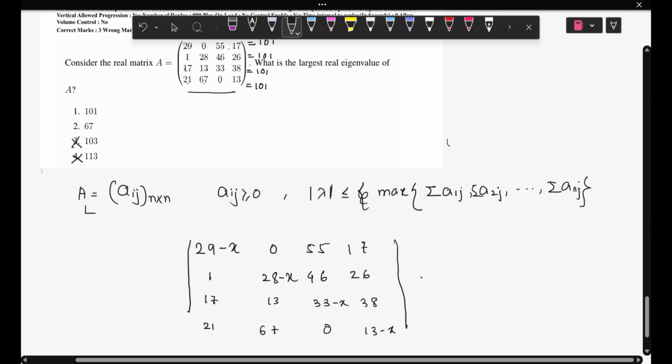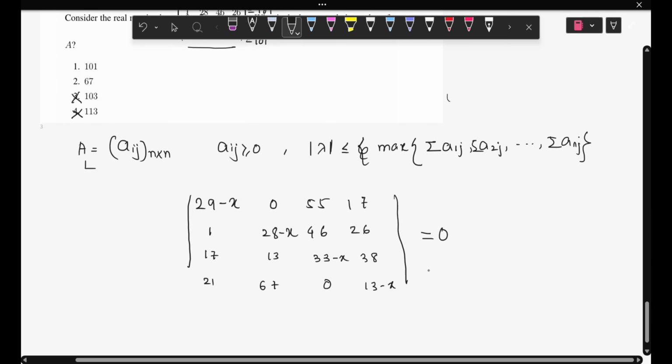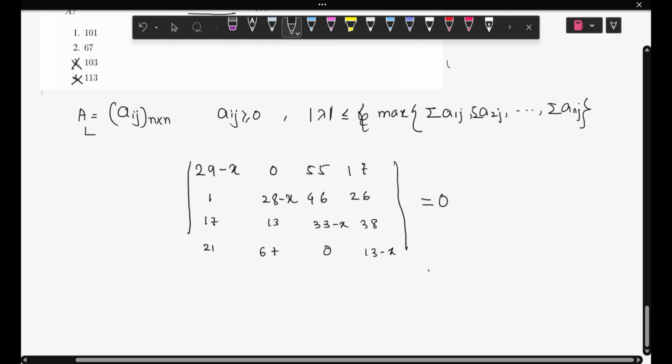ठीक है ना? If you equate that with 0, now as determinant में हम किसी भी रो को किसी भी रो और किसी भी कॉलम को किसी भी कॉलम के साथ ऐड कर सकते हैं.